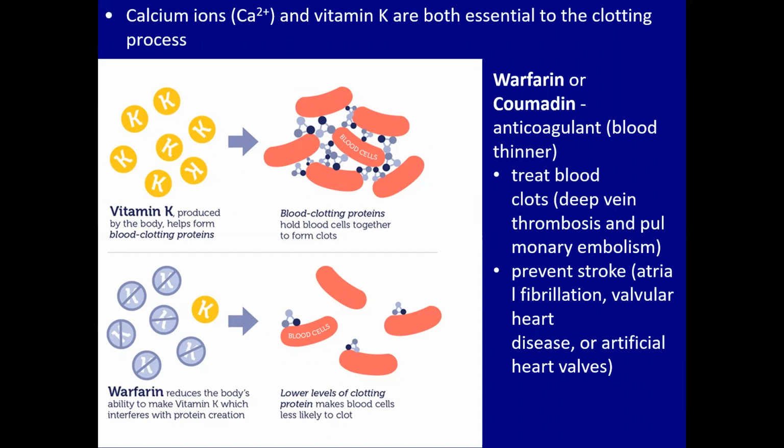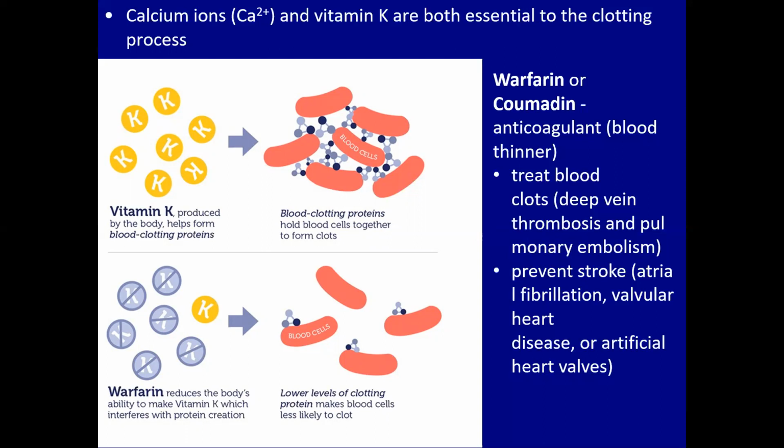If a person doesn't have enough vitamin K, maybe the person is taking a very old but still widely used drug such as warfarin. It reduces the body's ability to make vitamin K, which is going to interfere with protein creation. This will lower your level of clotting.